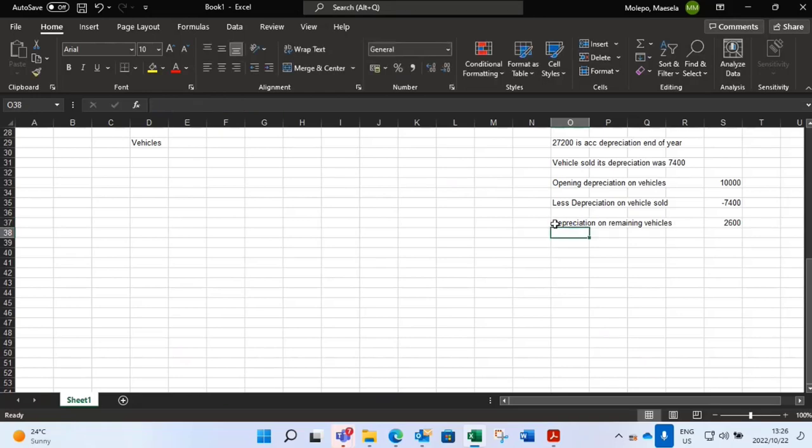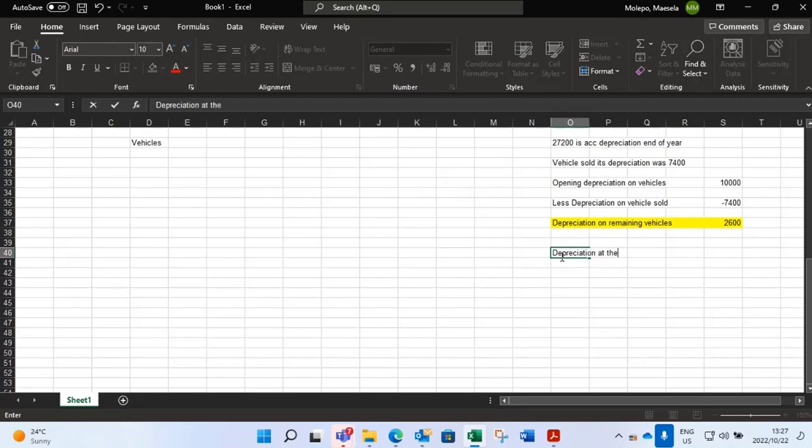So if we have the remaining depreciation on the remaining vehicle, and then we had the depreciation at the end, which was 27,200.